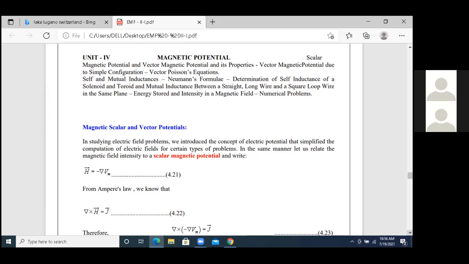Vector magnetic potential due to simple configuration, vector Poisson's equation, self and mutual inductance, Neumann's formulae, determination of self-inductance of a solenoid, toroid, and mutual inductance between a straight long wire and a square loop wire in the same plane, energy stored, intensity in magnetic field. We're going to look at those.